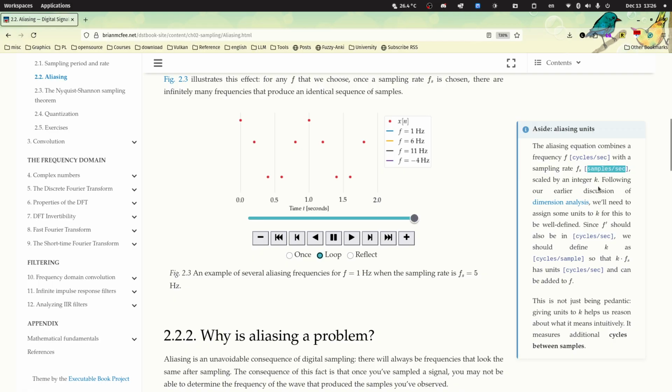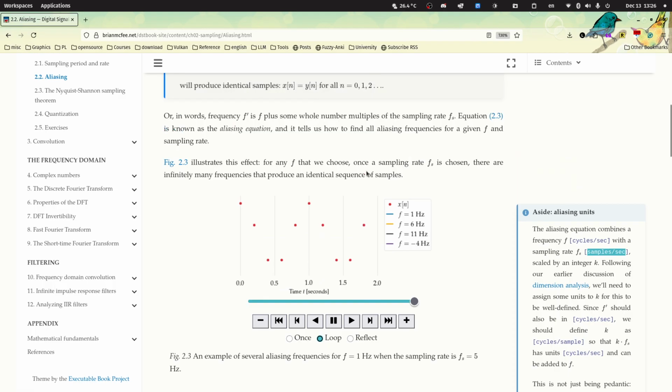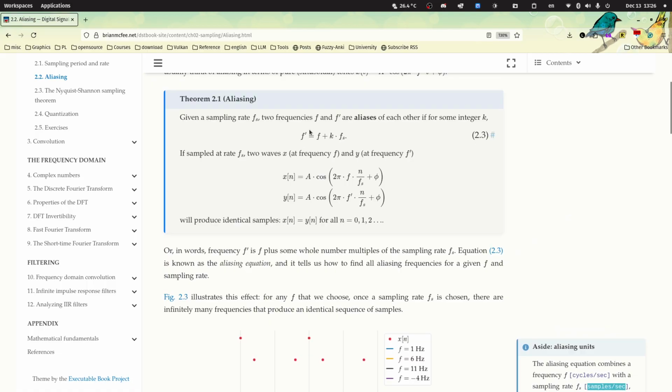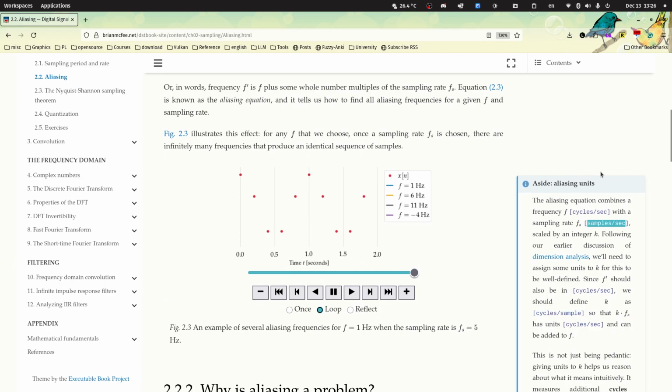Following our earlier discussion of dimensional analysis, we need to assign a unit to k for this to be well defined. f prime should also be cycles per second, because it's just frequency, not sample frequency.